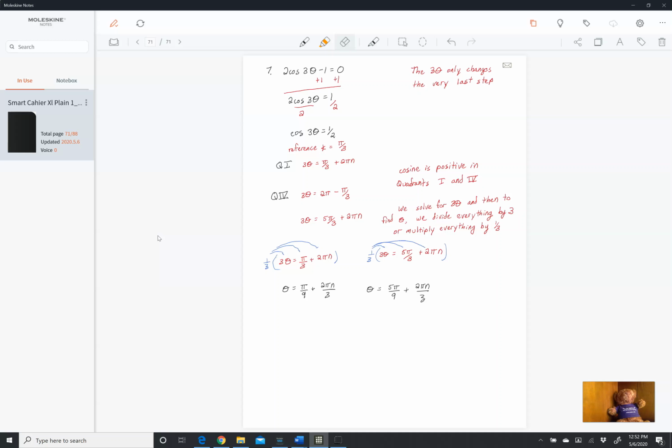So that's the extra step: if you have a number before this theta, your extra step is just at the very end to get rid of that number. So at the very end, we get rid of the number just by dividing everything by 3. We'll do 2 more, okay? 2 more, and then we'll finish up.